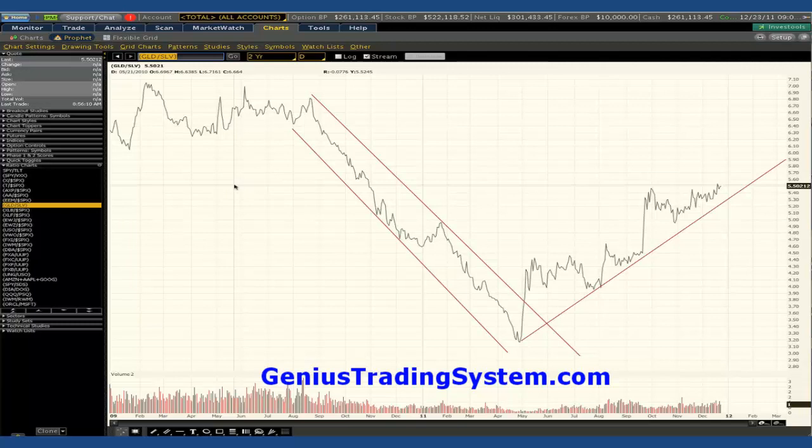Ratio trading makes it very, very easy. If you're taking two similar issues that normally relate to each other and finding out which one's strong and which one's weak, simple trend lines do the trick. You don't need anything else. That's why it's extremely simple to use and extremely powerful in the signals that it gives you.